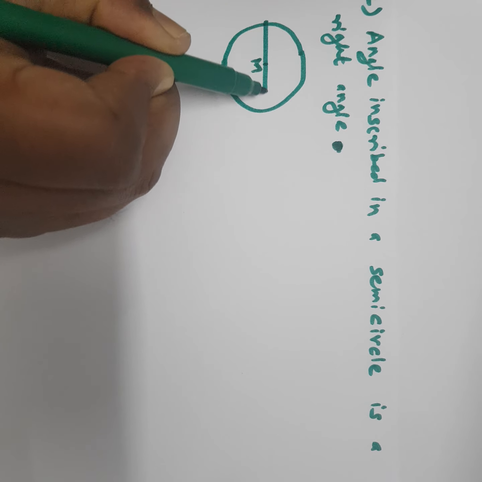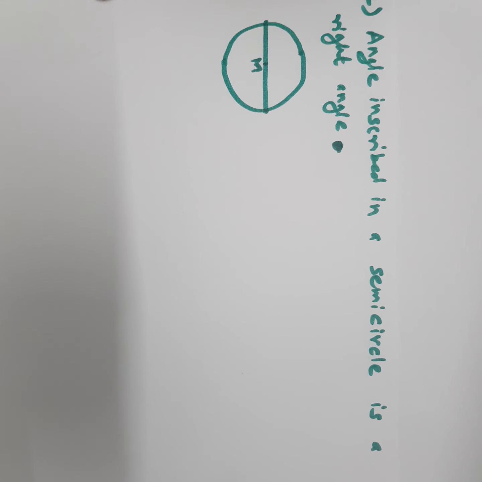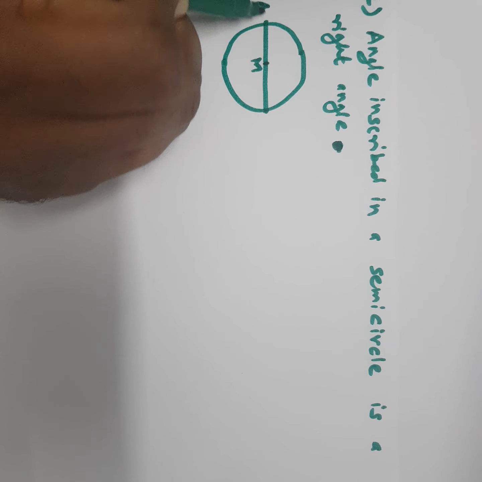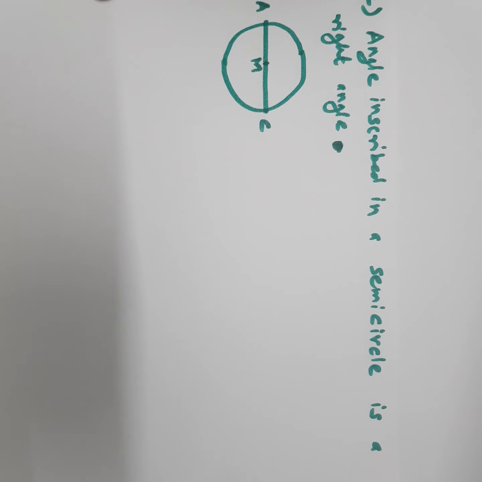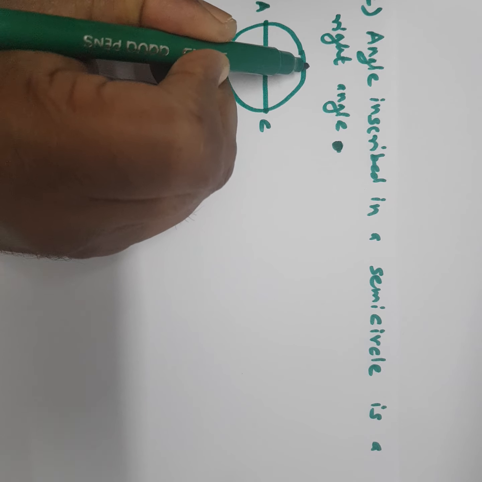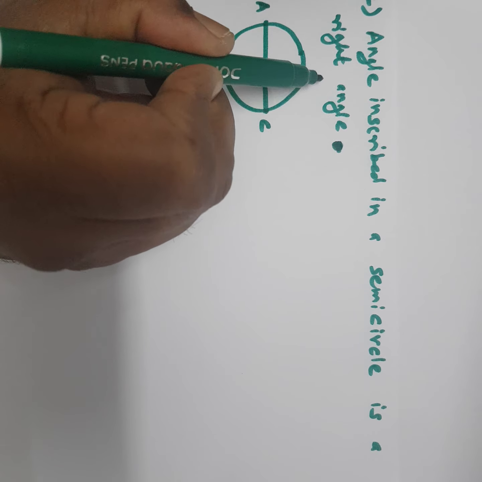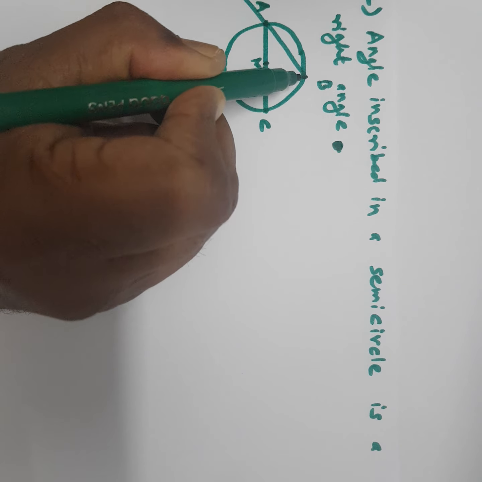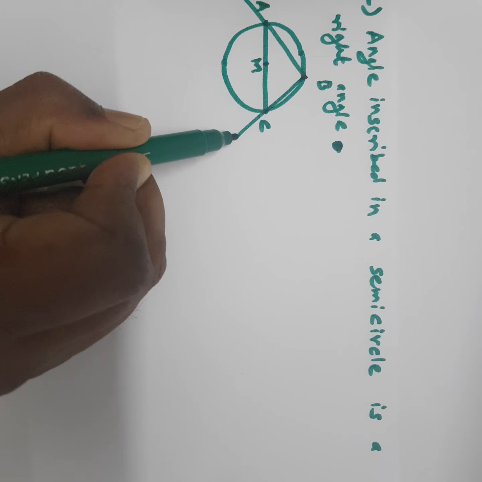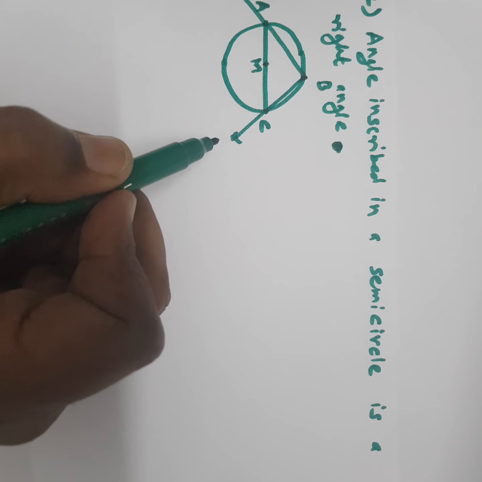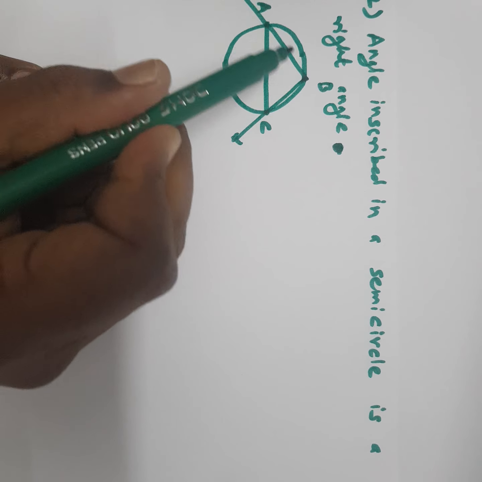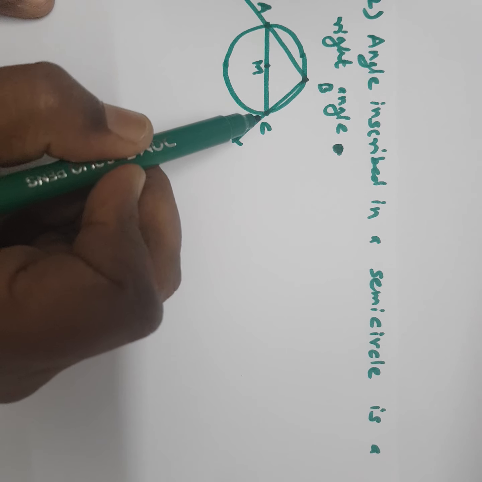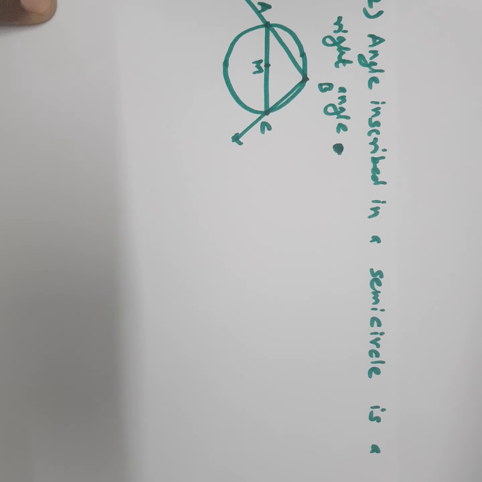Then we draw the diameter of the circle as AC, take one point B, and draw an angle with vertex B. Here the arms of the angle pass through the end points of diameter AC.